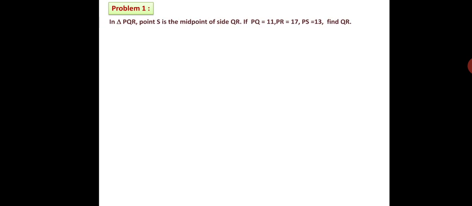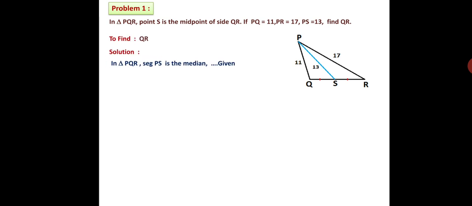So in triangle PQR, S is the midpoint of side QR. If PQ is 11, PR is 17 and PS is 13, you have to find QR. So we will try for this. In triangle PQR, PS is the median. It is given. Therefore, by using Apollonius theorem, we can write PQ square plus PR square is equal to 2PS square plus 2QS square.